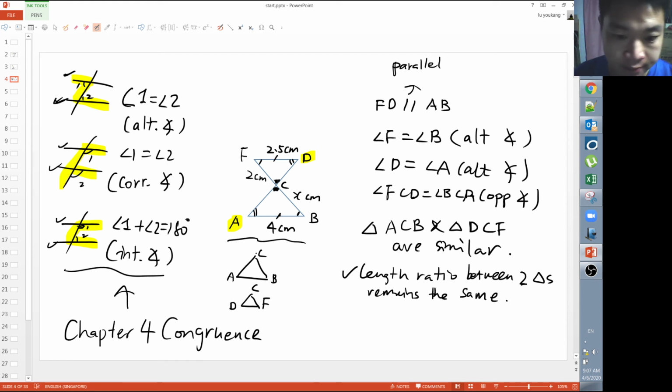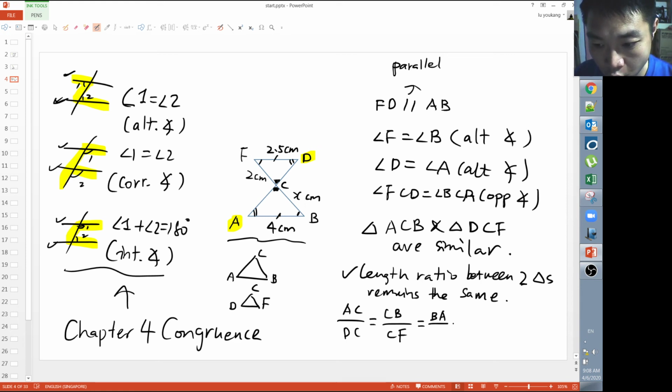What I mean is AC over DC is equal to CB over CF, which is also equal to BA over FD.